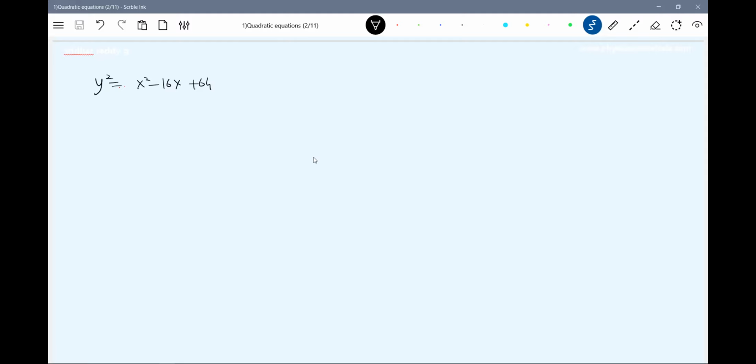Okay, try to plot that graph. So what is the method? Again, x equals 0, 1, 2, 3, 4, 5. We have to choose. So I'm choosing x, y. X equal to 0, it will be 64. X equal to 2, x equal to 4, 6, 8. And if I put x equal to 8, I'm getting 0. For any other value, it is not 0.